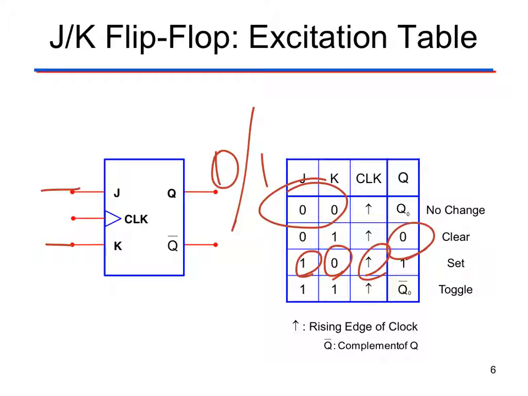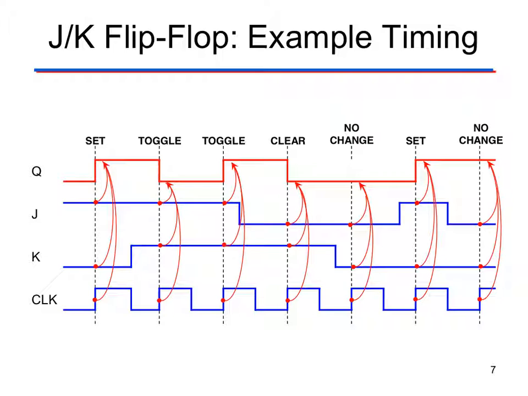We'll go ahead and look at the timing. So the Q is your output, along with your J and your K. At the rising edge of the clock, the K is 0 and the J is 1. That is set, which means that the Q now outputs a 1.